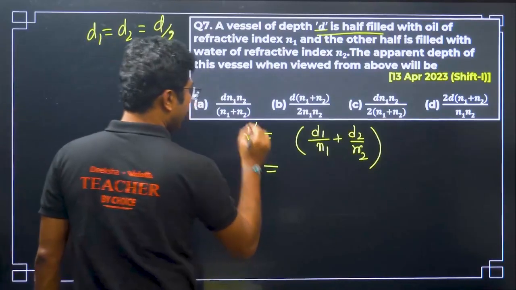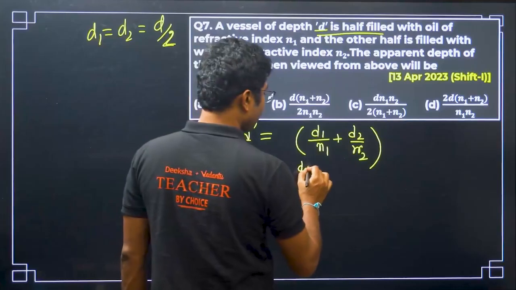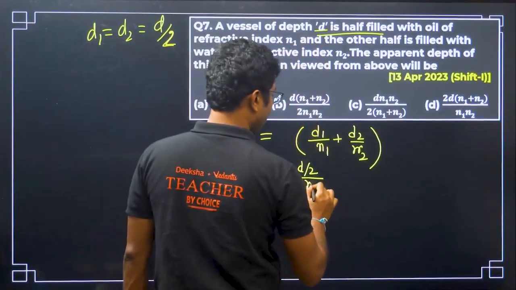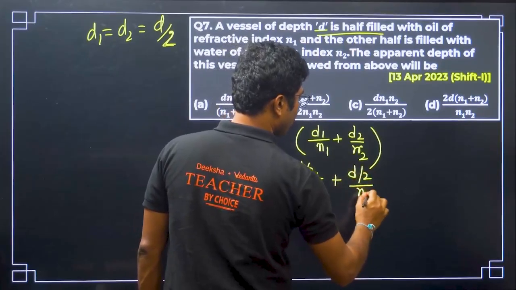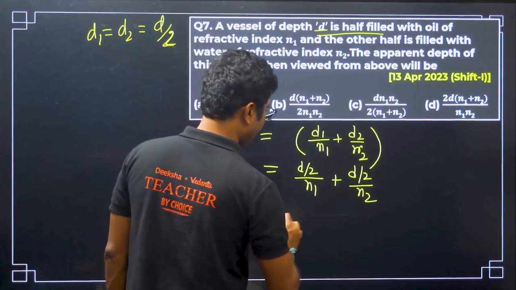So D1 is D by 2 and the refractive index is N1 of oil, and the second one is of water, N2. Now you have to simplify it. This is the formula for apparent depth.